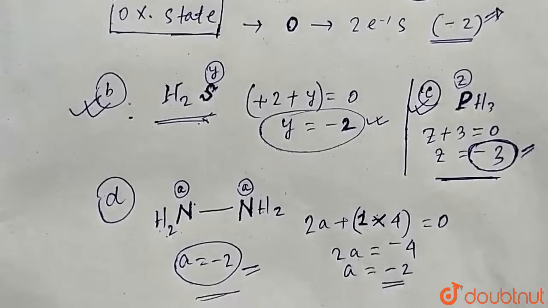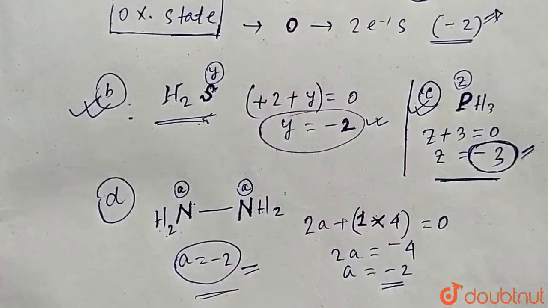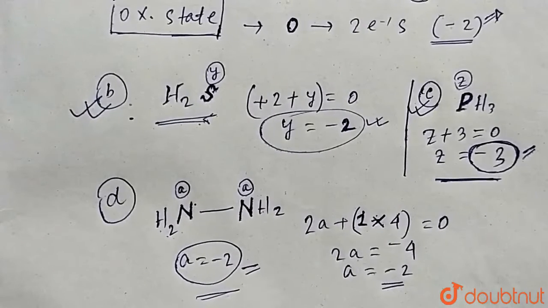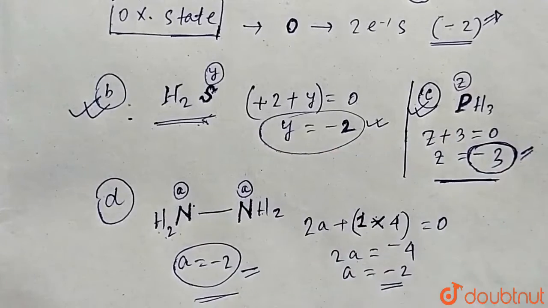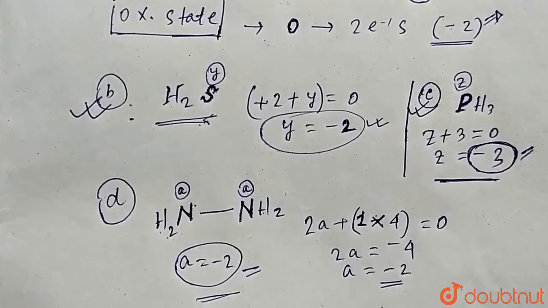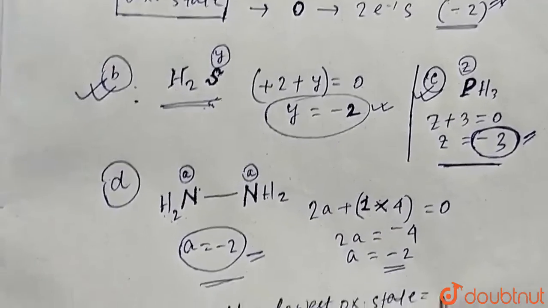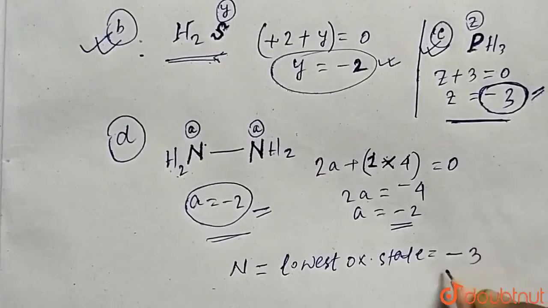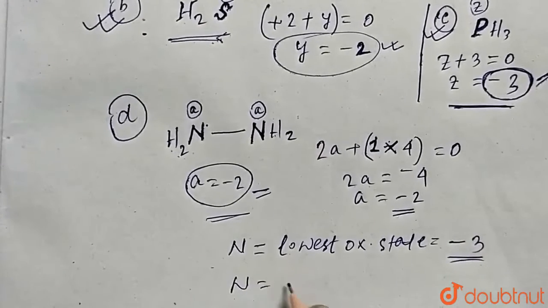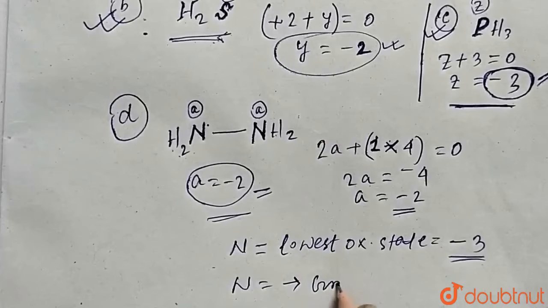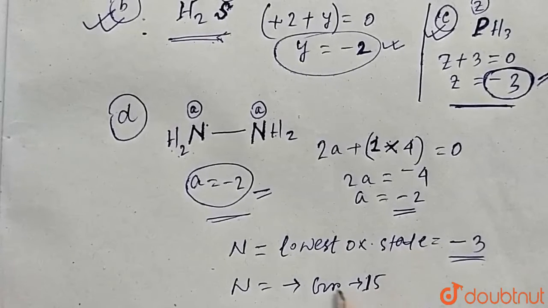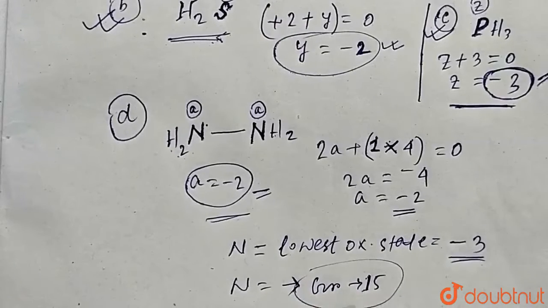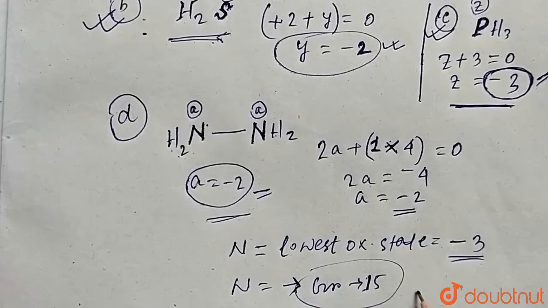But minus 2 is not the lowest oxidation state of nitrogen, because nitrogen has lowest oxidation state minus 3. Why? Because nitrogen belongs to group 15. In group 15 we are 3 electrons short of octet. So if group 15 elements N, P, As, Sb, Bi gain 3 electrons, their oxidation state becomes minus 3 and the octet will be filled up.